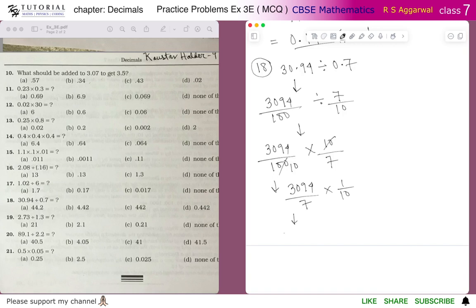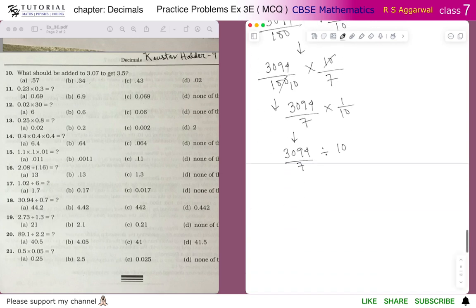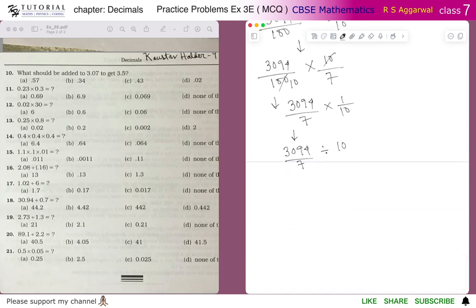This is 3094 by 7 multiplied by 1 by 10, which means division by 10. So we have to divide 3094 by 7.